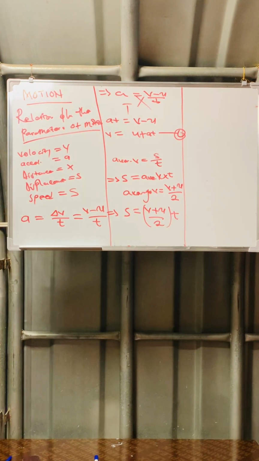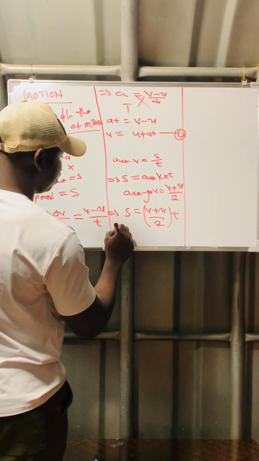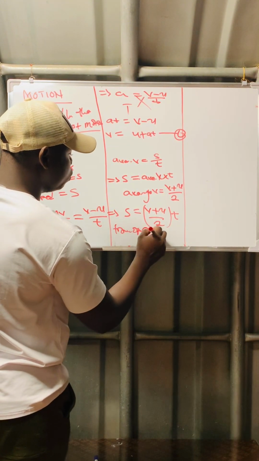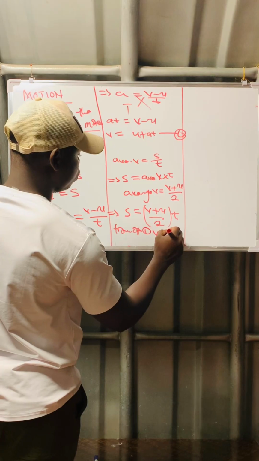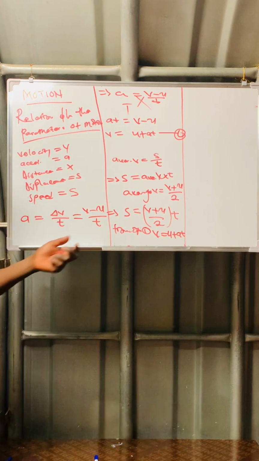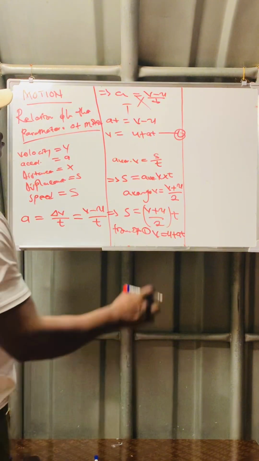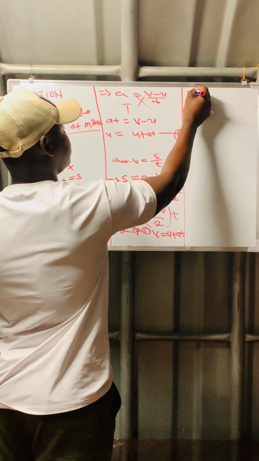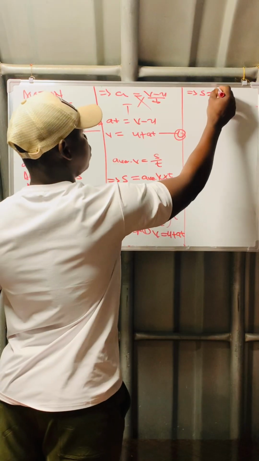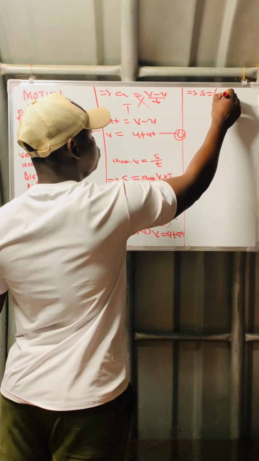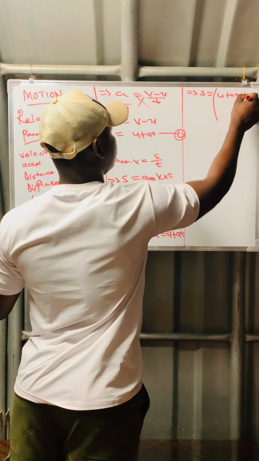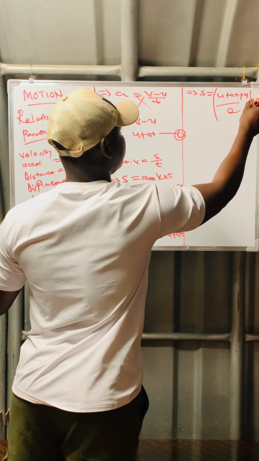But from equation 1, we know v is equal to u plus at. So substitute this into the equation. s is equal to u plus at plus u, all over 2, multiplied by t.